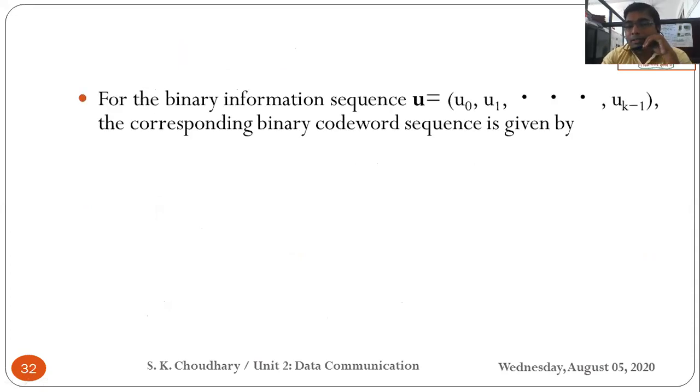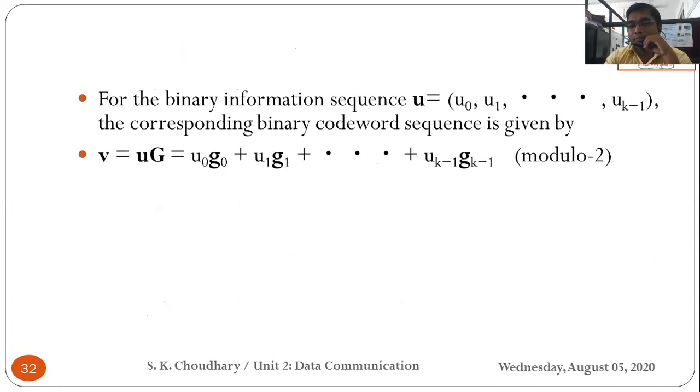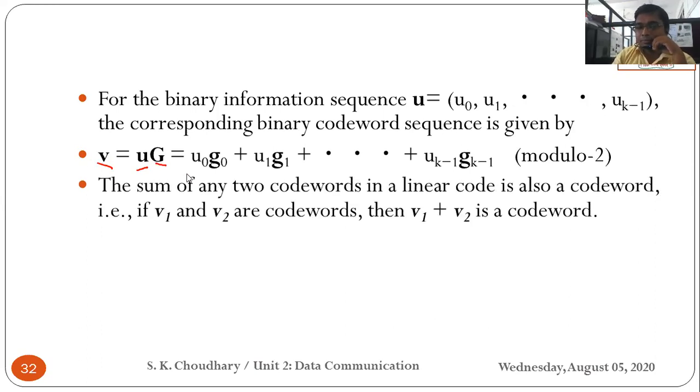For the binary information sequence U, that is U0 to Uk minus 1, the corresponding binary code word sequence is V. V is the multiplication of the message and the generator matrix, so U times G is the formula for generating V. You just multiply: U0 G0 plus U1 G1 up to Uk minus 1 Gk minus 1, because the message is k bits. Here, the addition sign is not a normal addition.